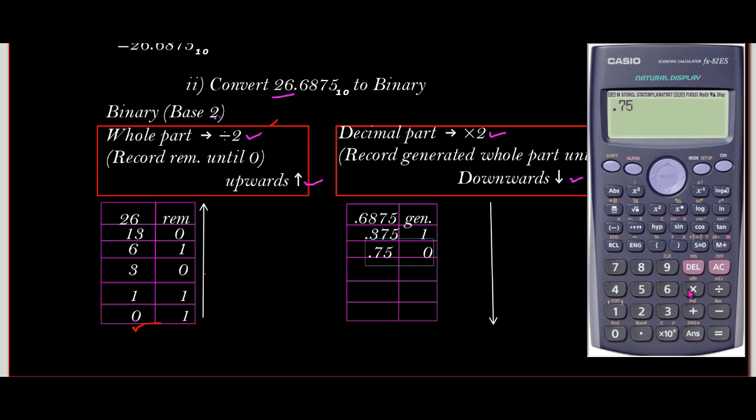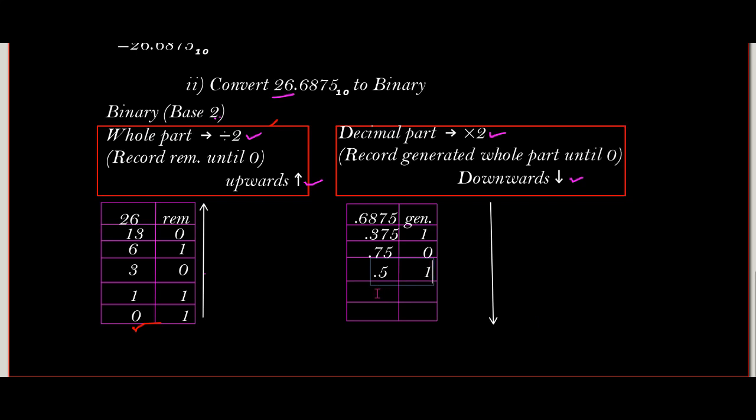So the generated whole part is 0. Then we have 0.75 times 2, you get 1.5. Remove the generated part which is 1, you remain with 0.5. So 0.5 times 2, the generated whole part is 1, meaning you remain with 0. So the moment you remain with 0, the process terminates, has come to an end.